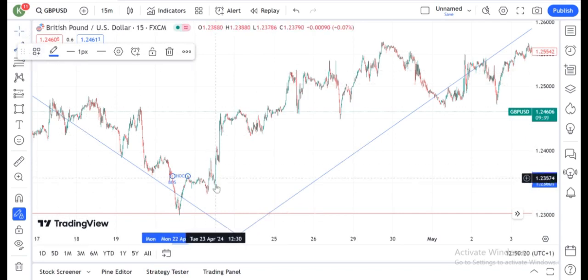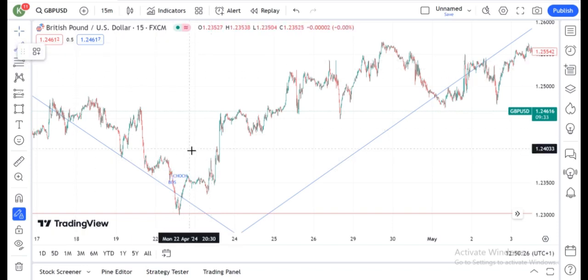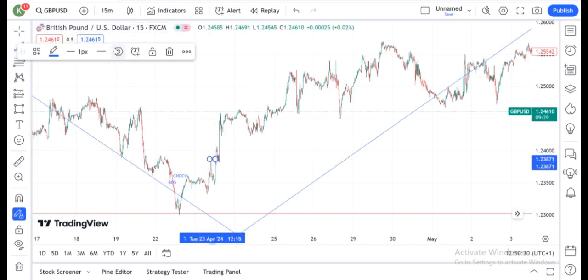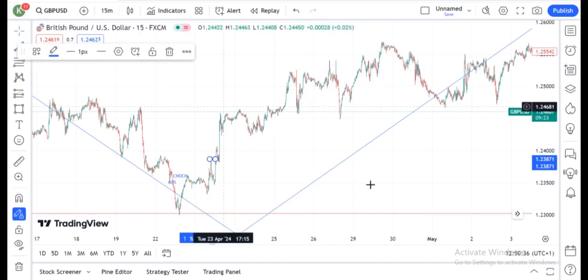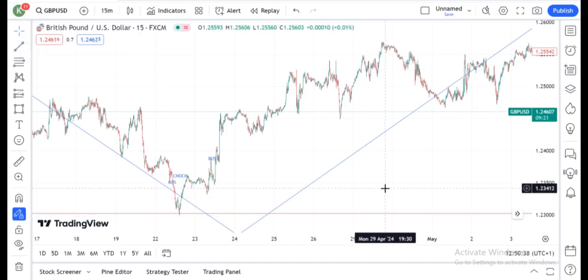Okay, and then we can call this after change of character a break of structure. So what we've successfully done is we've successfully been able to read how price moved to give that spiral move.